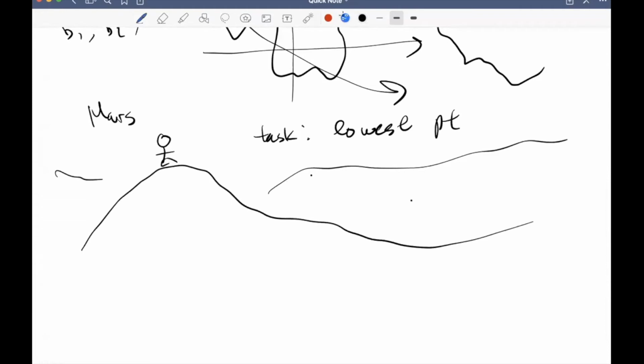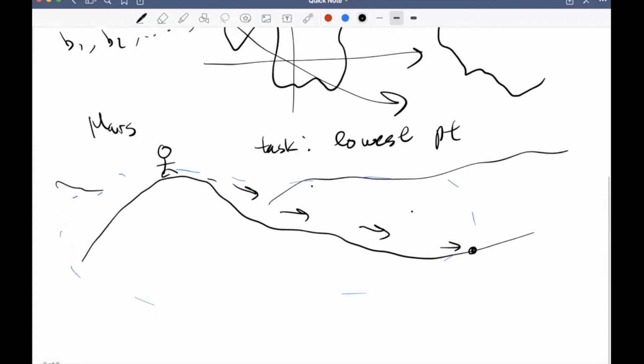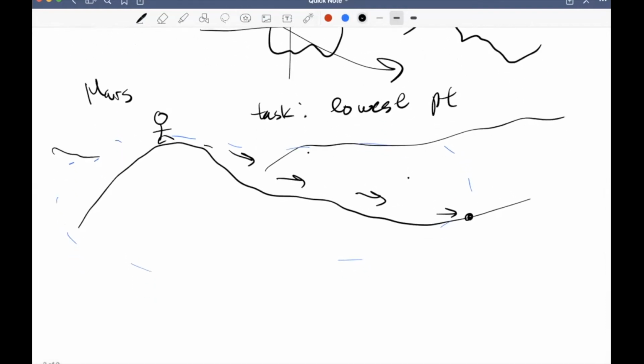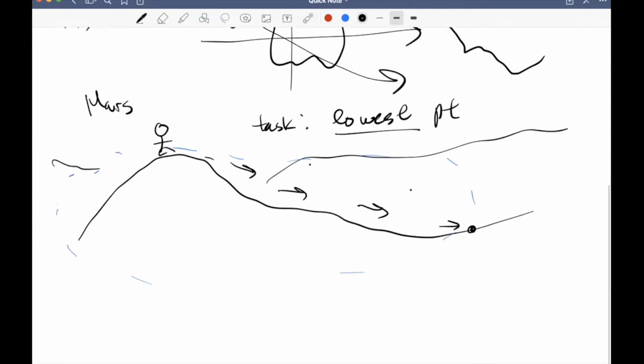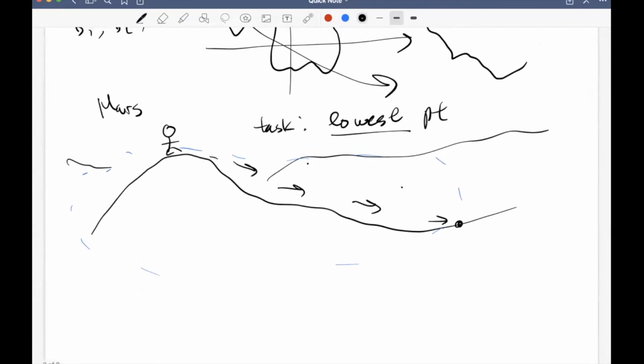Your visibility might be limited to some radius, and within this radius, you can see that if I just travel this direction, I might get to a low point here. It might not be the lowest point in all of Mars, but it could be a good approximation, or maybe not even a good one, but the best that we could find given our limitations.